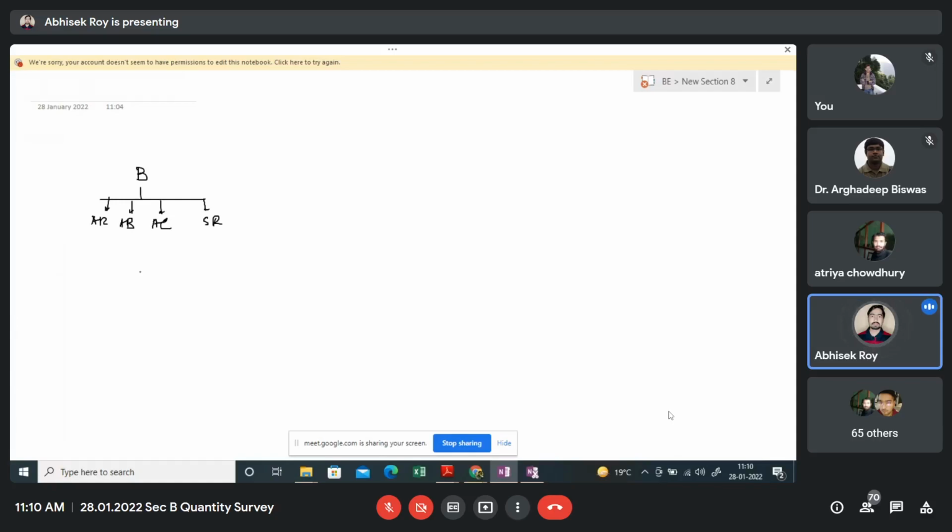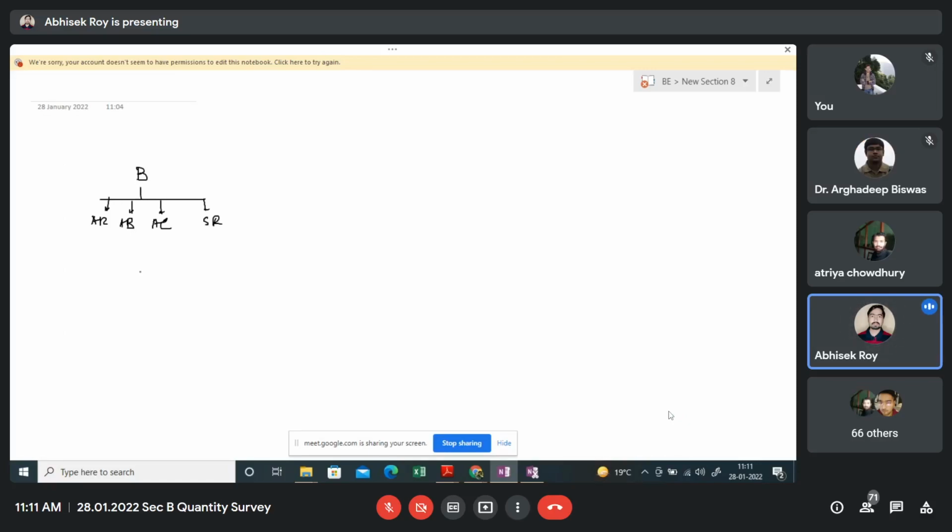Hence, for approval of any project, in the beginning you have to propose a plan, and depending on that plan, you have to do quantity survey and estimation. So you mainly have to calculate the different quantities and the cost of various items in any project you are working on. That is the basic purpose of learning this subject.